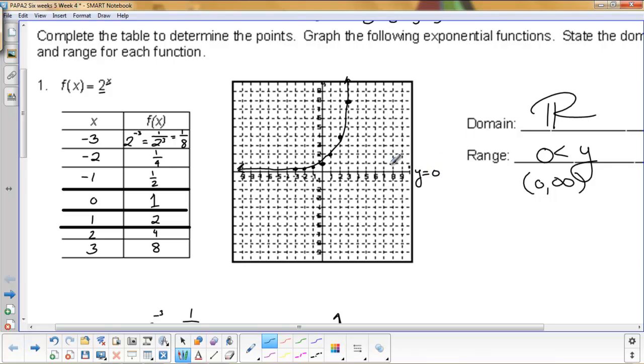Now, because the graph will never touch this asymptote, that affects the range value. Notice that the range value in set notation is y is greater than 0, and in interval notation you have parentheses rather than brackets surrounding your 0. The domain is all real numbers because this will always get a little bit bigger. It'll continue to curve.